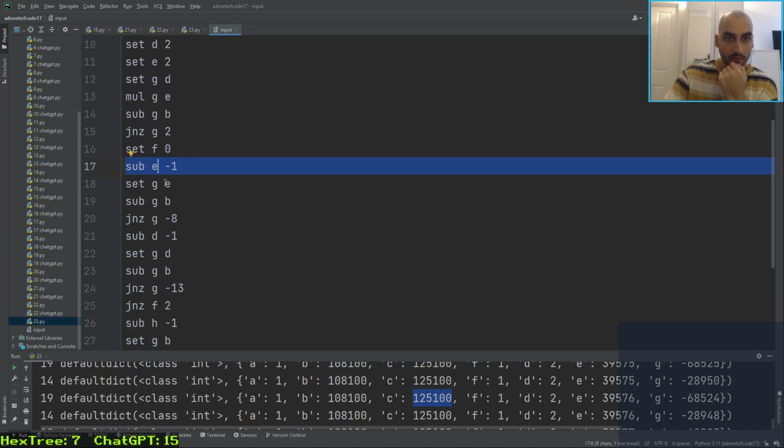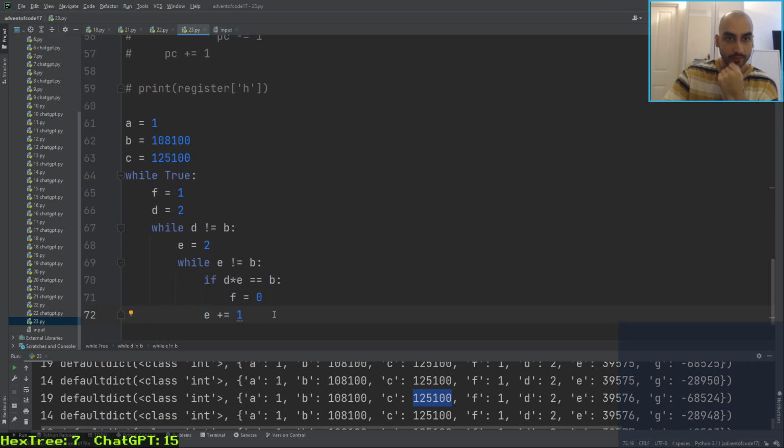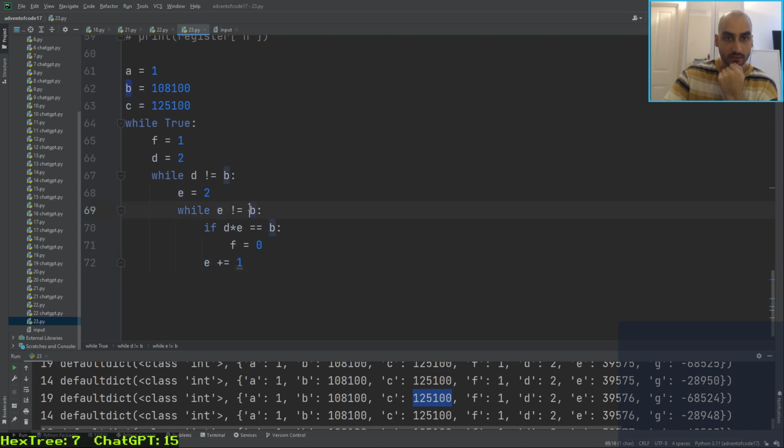So that loop keeps going until E is equal to B. Then we break out of that loop.